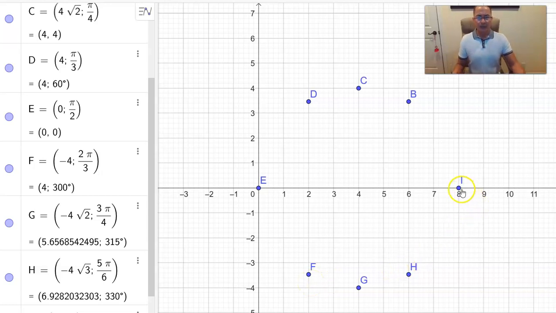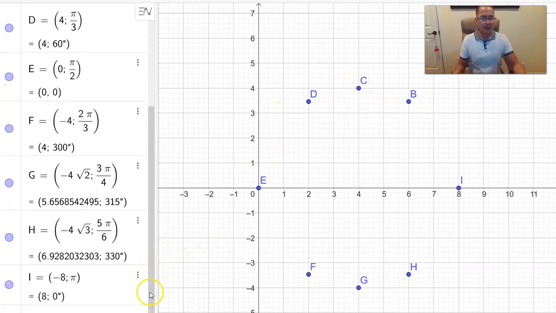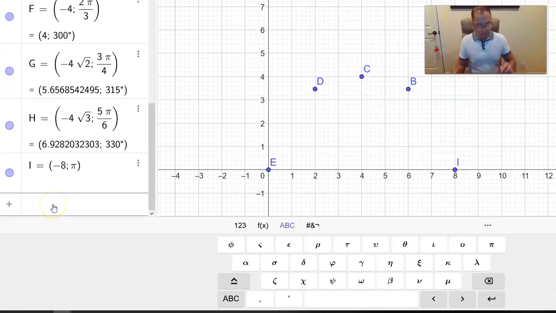Okay, so the million-dollar question is, if you connect these 9 dots, what kind of graph are we going to get? Well, we could ask GeoGebra to graph this for us. To graph a polar equation, we will need the symbol theta.